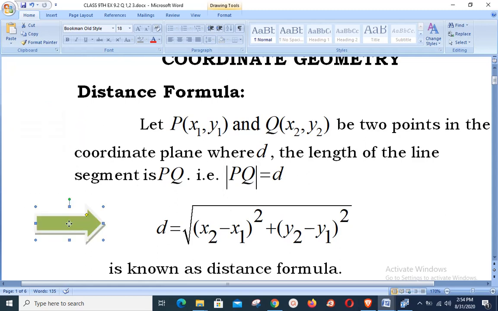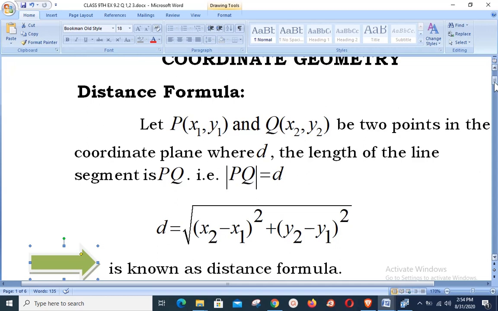So distance D is denoted as the square root of (x2 minus x1) whole square plus (y2 minus y1) whole square. This rule is named the distance formula. You need to remember this rule.